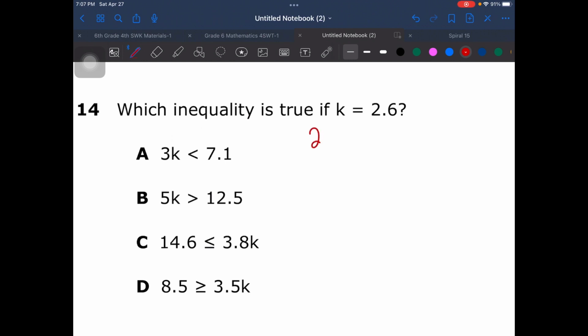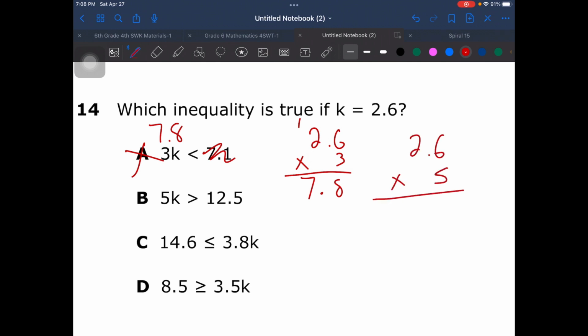Sorry. 2.6 times 3. Oh, that changes things. So that's 7.8. Is 7.8 less than 7.1? No. 2.6 times 5. Let's check what that is. And that's 13. Is 13 bigger than 12.5? Yes.